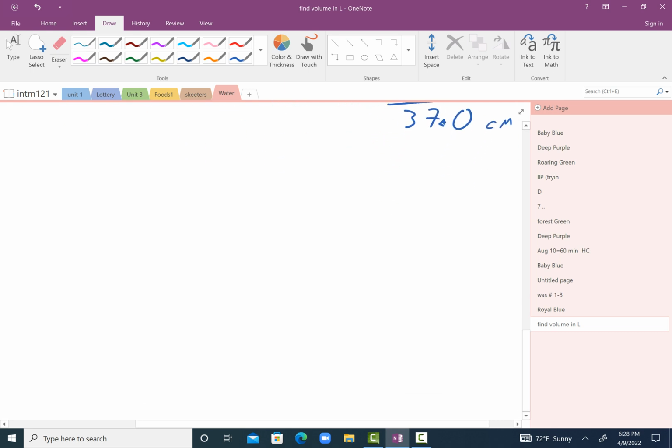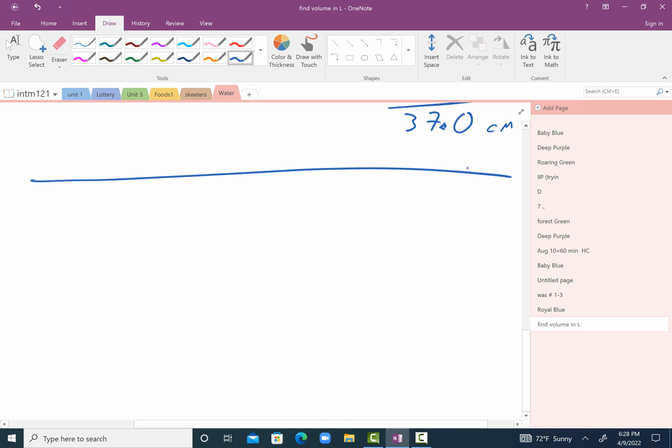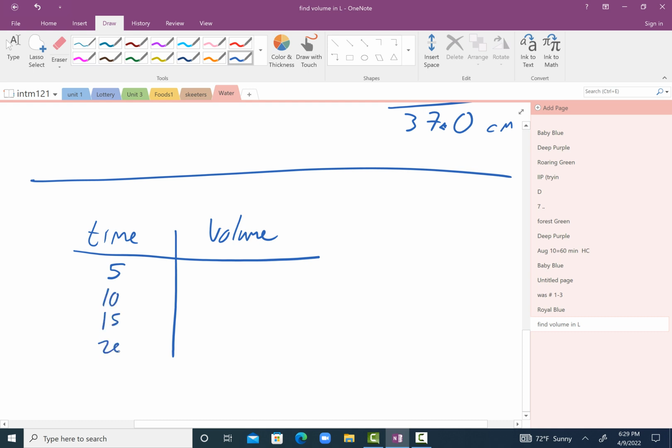The next problem that we'll have, and you can pause this too if you need to look at it again, is going to give you a table where you're going to have time and volume. That's going to be something where something's going to be flowing down. Okay, so maybe 5, 10, 15, 20, 25.